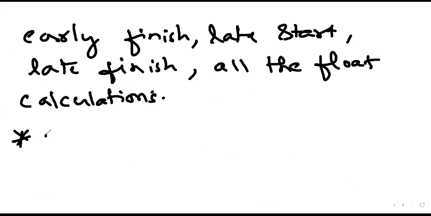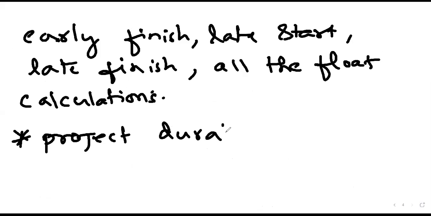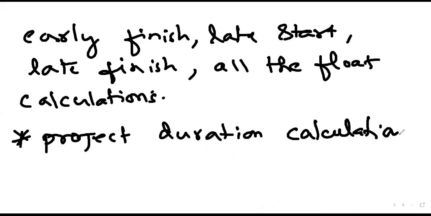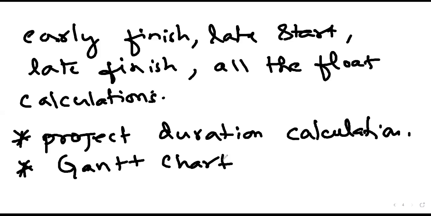Here, project duration has to be calculated. Calculation is required. Once this is done, two more parameters are required. One is the Gantt chart. What is this Gantt chart? We will discuss this in the next class, next Monday.